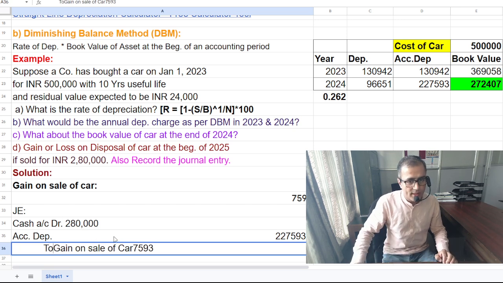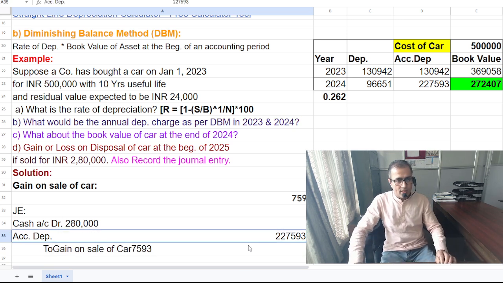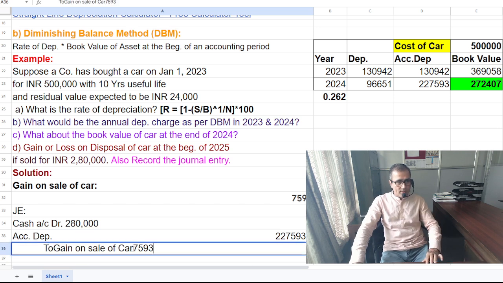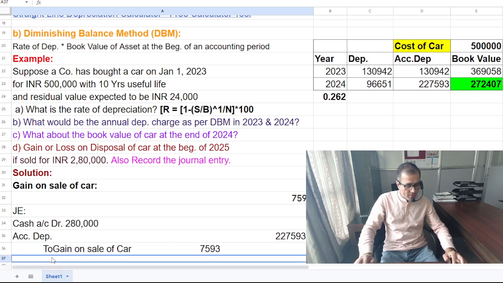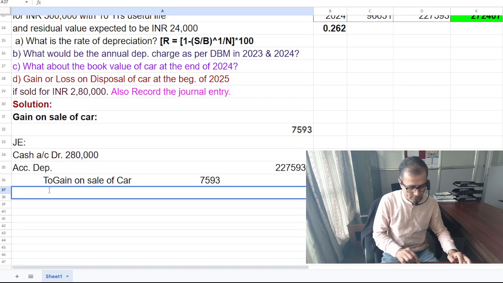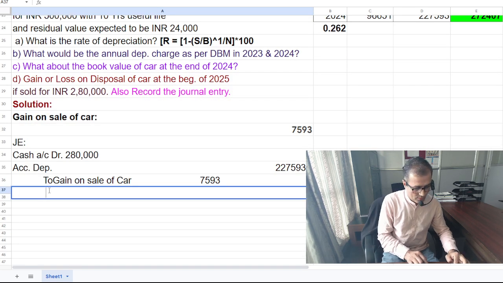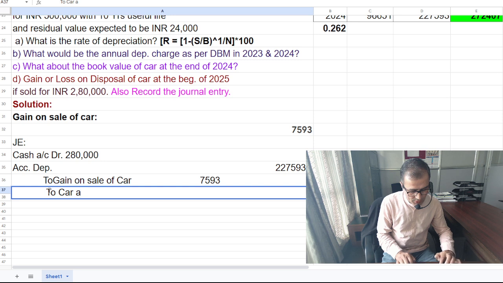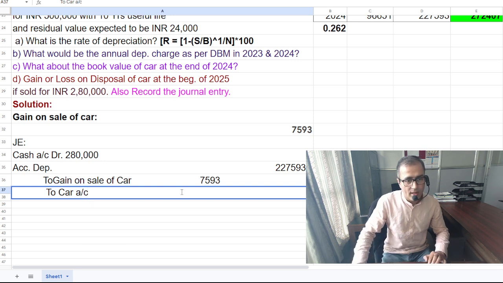You can see this is the credit part. Gain on sale of car is this one, and whatever the value of the car is, this is our value of the car. To car account: we have how much car? That is 5 lakh.